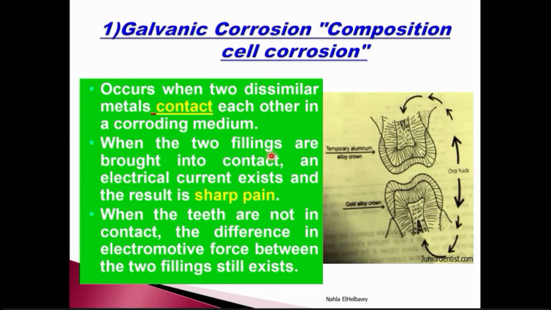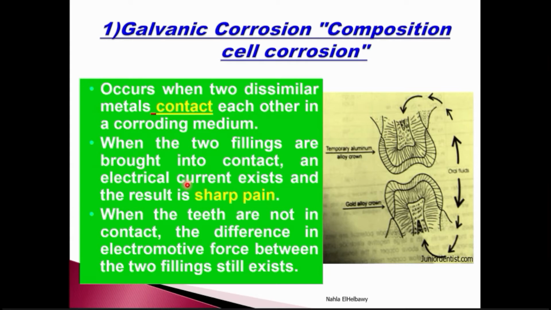So this is an example of electric cell formation. If you see, there are two dissimilar metals. One is aluminum crown and one is gold crown. So due to difference in electric potential, the oral fluid will act as electrolyte. So the charge will flow from one metal to the other metal. This can result in formation of electric cell, and sometimes it results in sharp pain because the patient will feel like an electric shock.